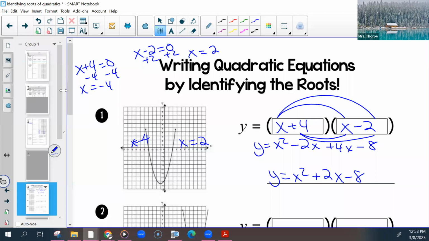If we put exactly what it says inside the factored form and went to solve it, it would be the opposite, and that's not what we want. So we always put the opposite. So really, you just need to know how to find the zeros and put them in factored form. So we're gonna practice that.